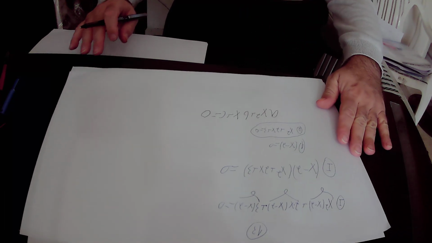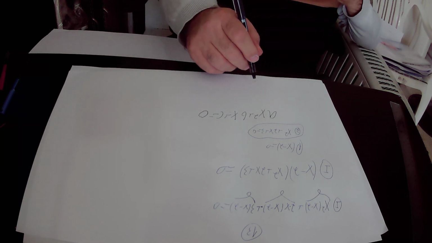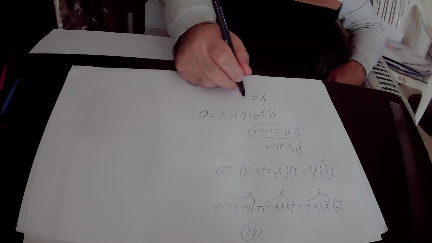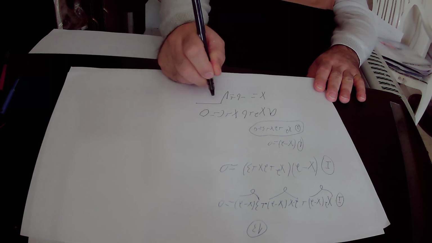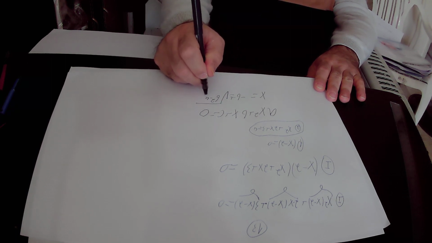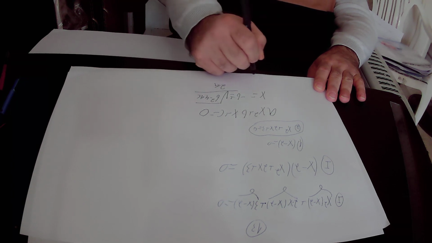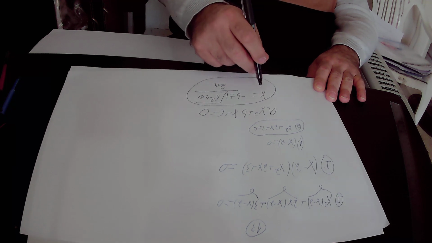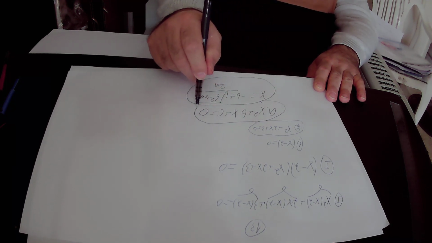And we will find the value of x according to the following formula: x equals minus b plus minus square root of b squared minus 4 times a times c over 2a. Okay? So we will use this formula in order to find the value of x.